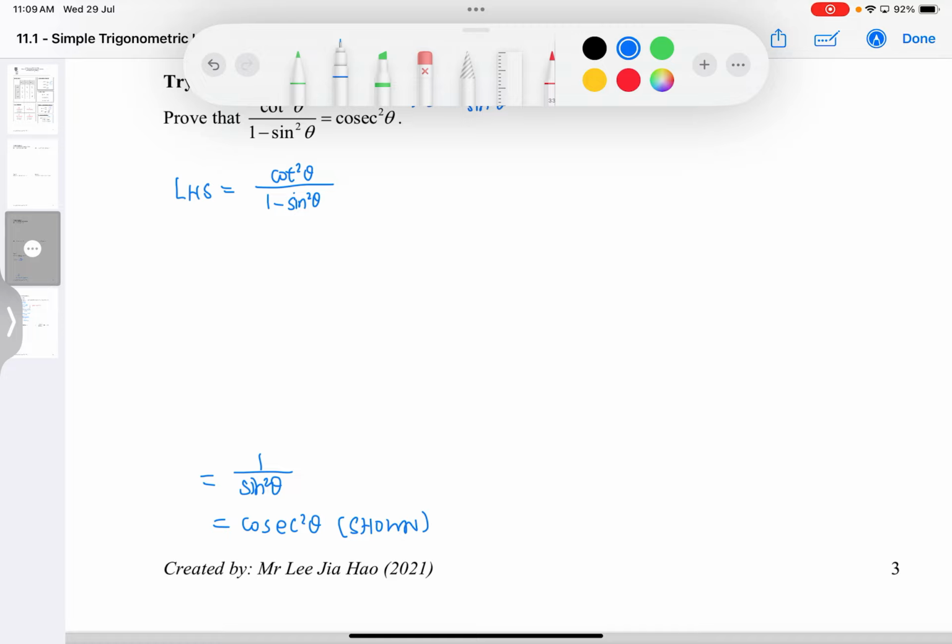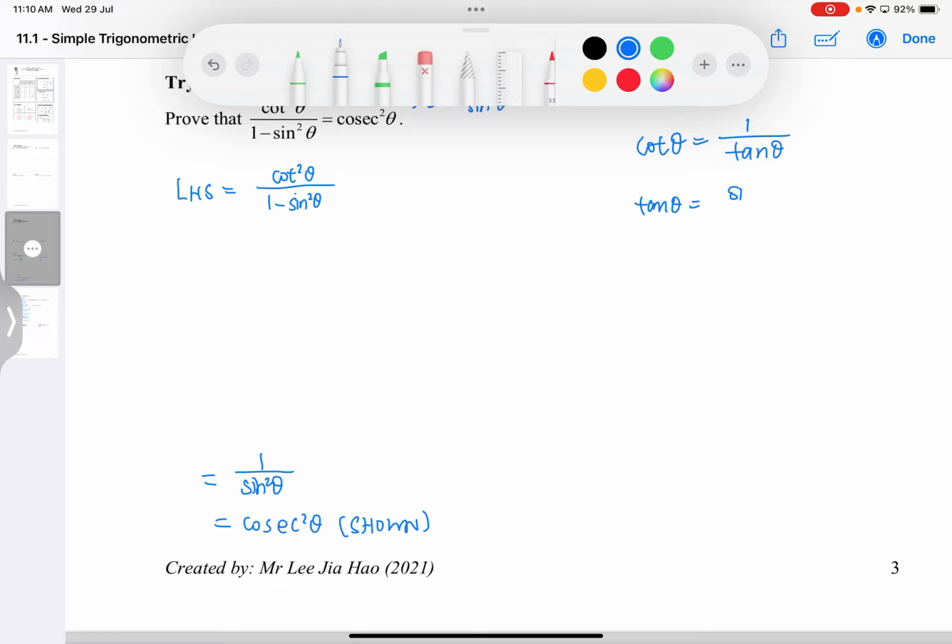What's cotangent square? Cosine over sine, yes. Remember that cotangent is the reciprocal of the tangent function. If the tangent function is sine over cosine, then the reciprocal will be cosine over sine.